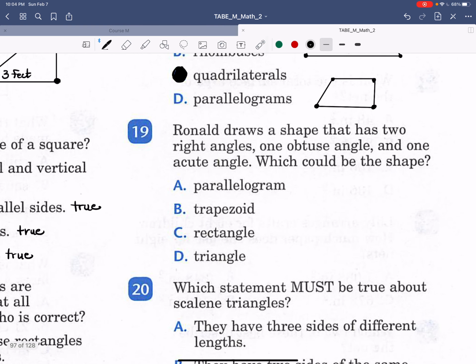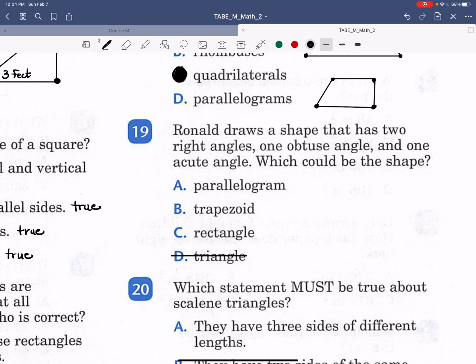Number 19. Ronald draws a shape that has 2 right angles, 1 obtuse angle, and 1 acute angle. Which could be the shape? Now, this is a tricky one. Have to really think through it. That's 4 angles. So the shape has 4 sides. That eliminates a triangle.